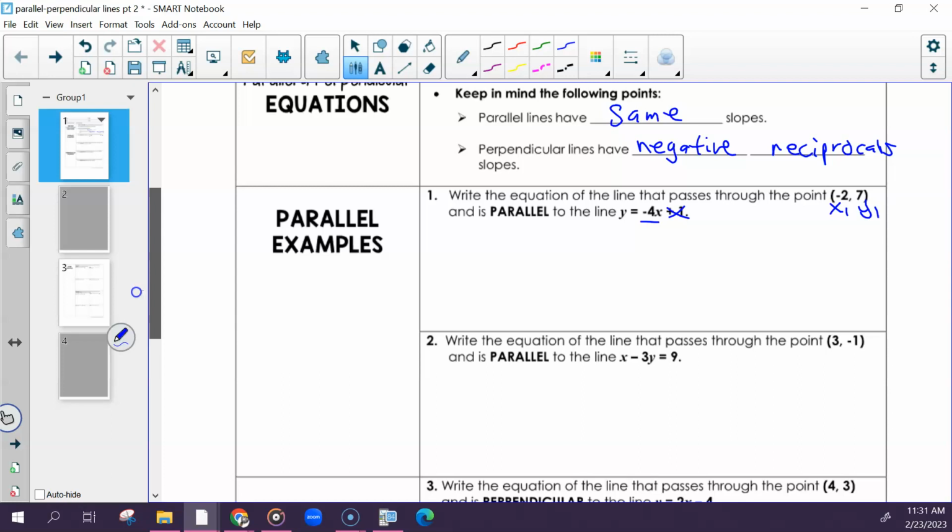Right now it doesn't really make sense to write this, but it's good practice for when we get to perpendicular, because you'll need to do this. So now we have the slope and our point. Off to the side, if you want to write your point-slope formula, because we're going to be using that.